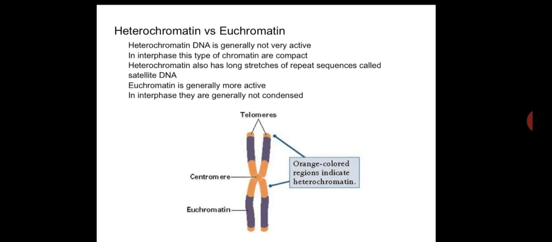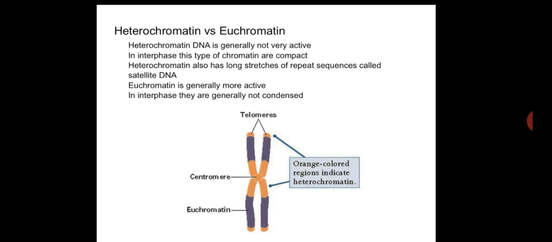During interphase the chromatin material is not clear, so to observe it under the microscope, we usually stain the chromatin material for a clear view.